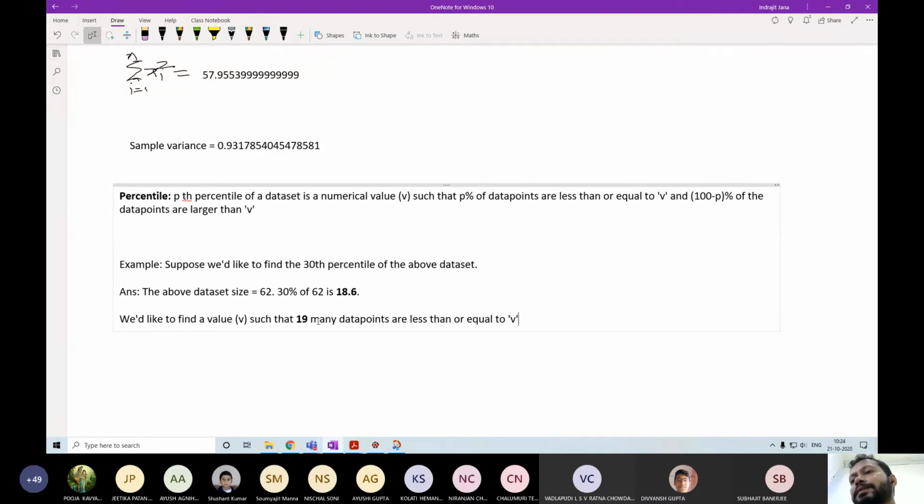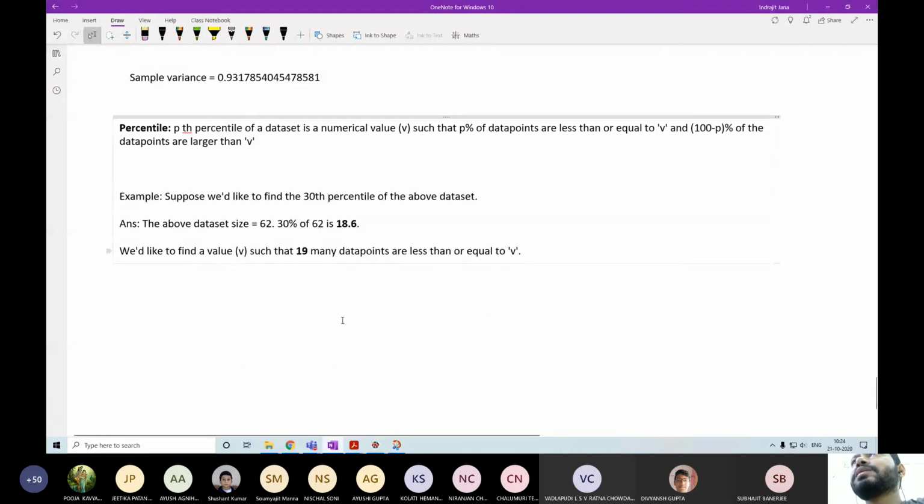So it is a fraction, and we just take 19 data points which are less than or equal to v. So the 30th percentile is the 19th smallest value of the given data set.